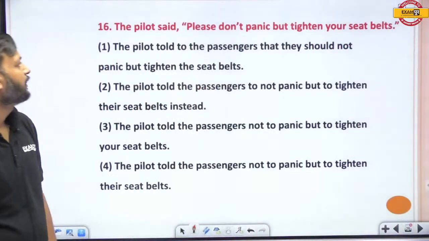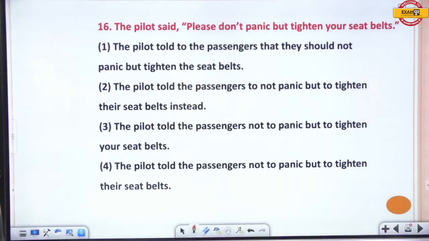Question number 16. The pilot said, please don't panic, but tighten your seat belts. Solve this one.